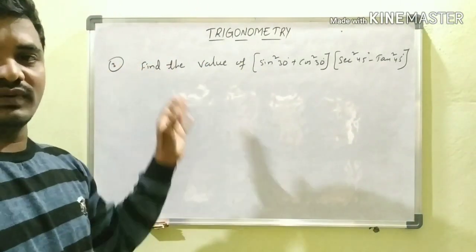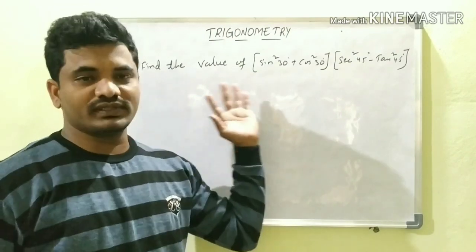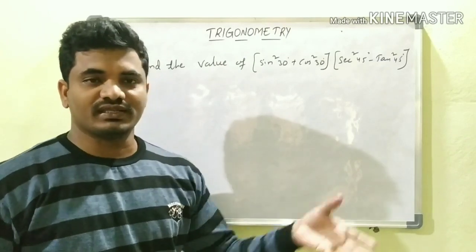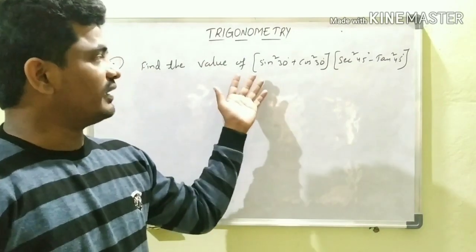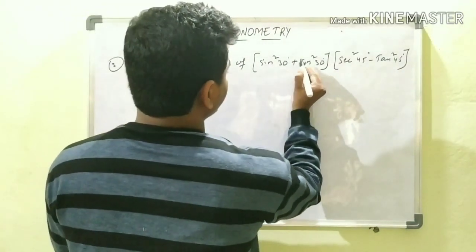This question also we can solve in two ways. The first one is by using identities, and the second one is by substituting trigonometric values. Let us take the first, by using identities.